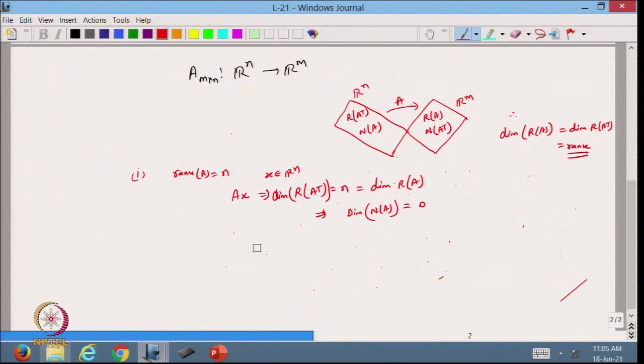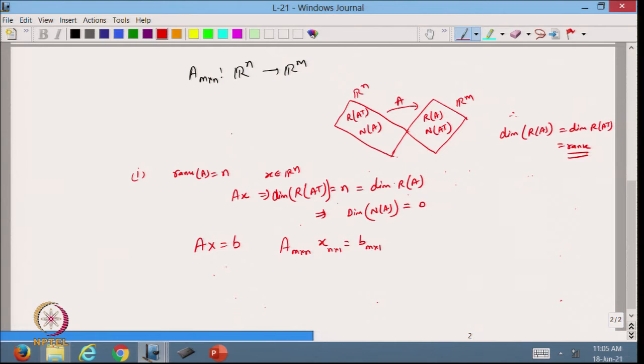Actually, these things we can do with the help of the system Ax equal to 0, or maybe Ax equal to some element b. Now, my A is m cross n, my x is n cross 1 and b is m cross 1.